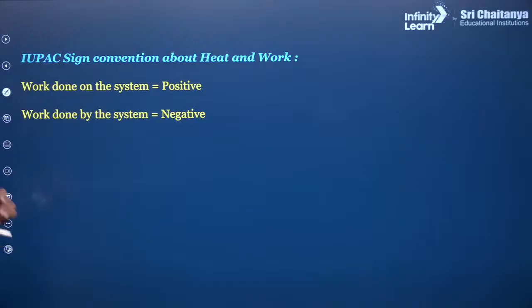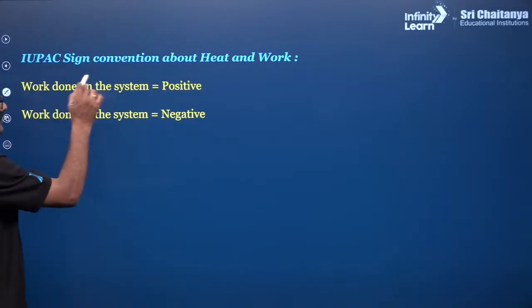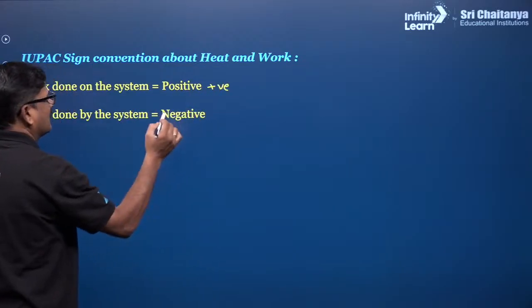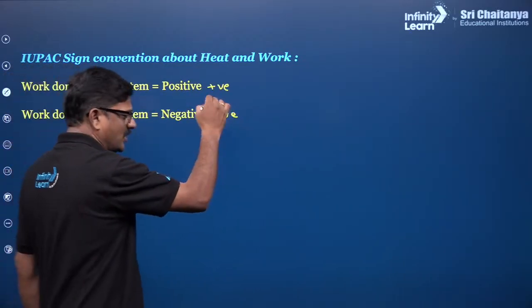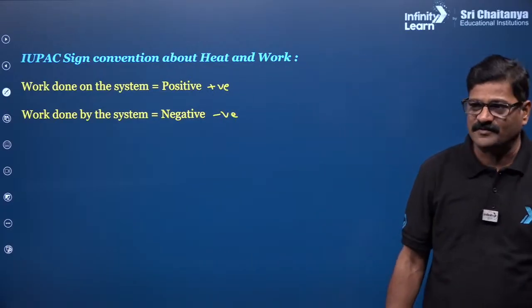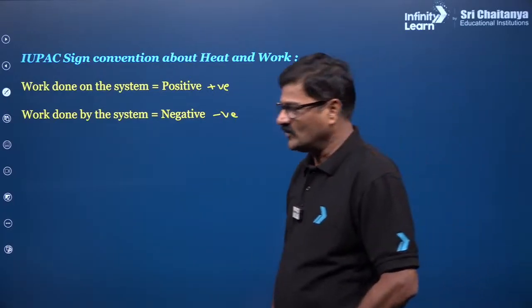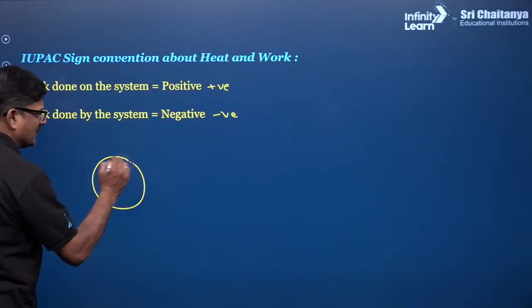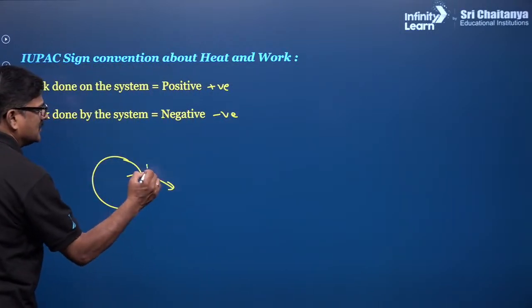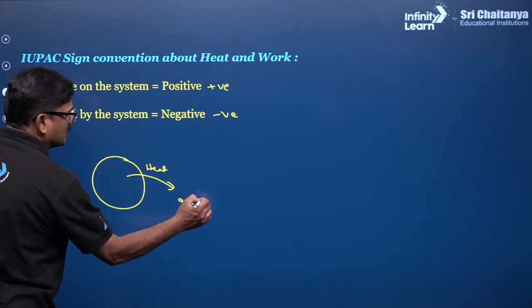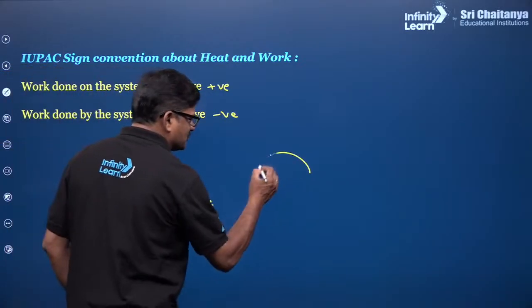And talking about the IUPAC sign convention of heat and work. Work done on the system is going to be positive. Work done by the system is going to be negative. We have to use this convention in chemistry. Physics mein ulta hota hai beta. Heat given out by the system, Q is negative.